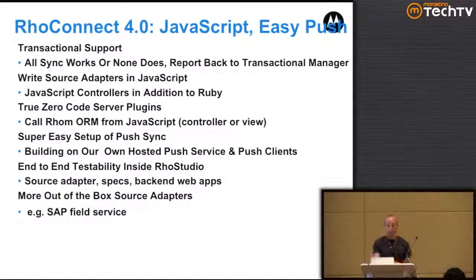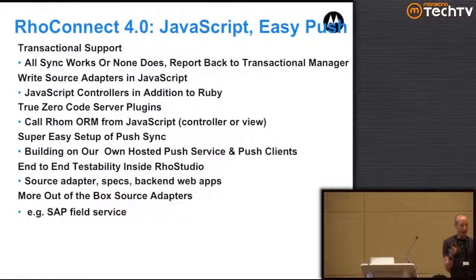So RhoConnect 4.0 is more of a longer term, somewhere within the next 9 months to a year or so. But some of the bigger things that we're doing are transactional support. Now, what does that mean? Say I have multiple sources that I'm syncing, master detail things or associated objects, maybe products and incident reports on the products.